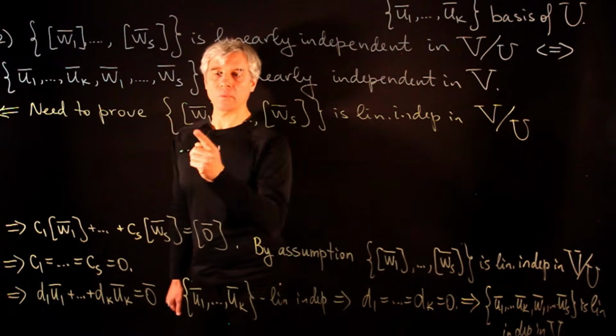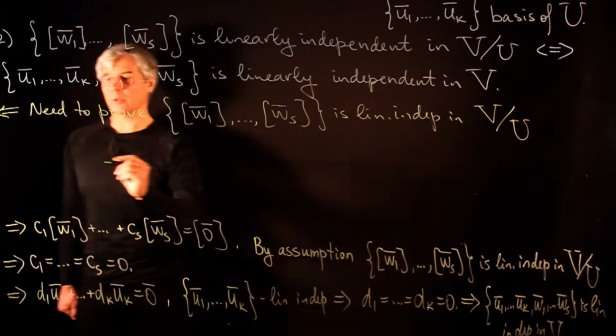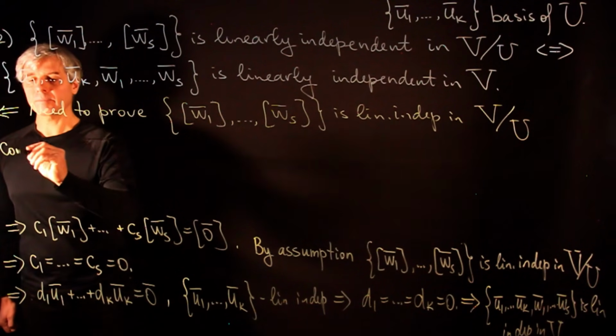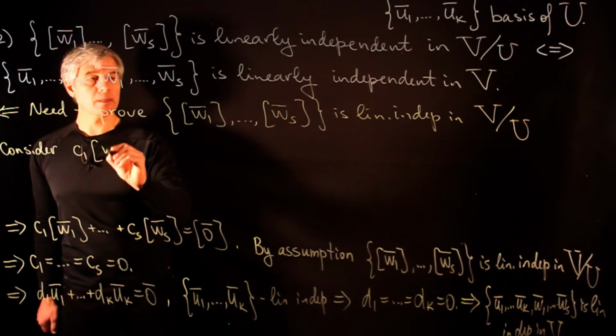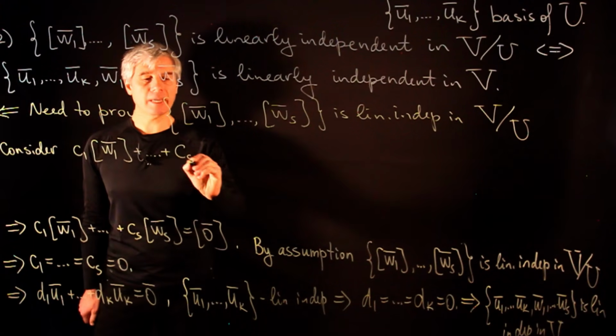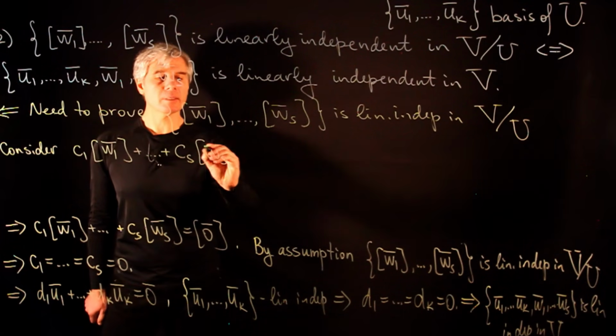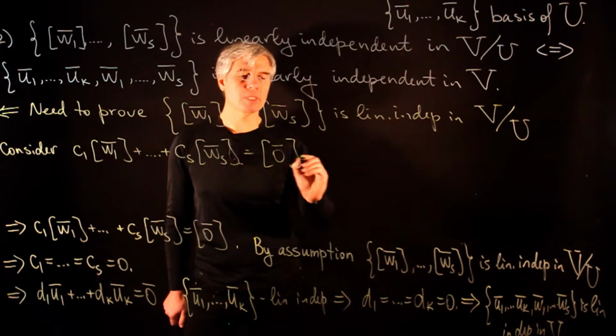So for this, we consider a linear combination of these vectors which is equal to a 0 vector. Consider a linear combination C1 W1 plus ... plus CS WS, which is equal to a 0 vector, or equivalence class of 0.